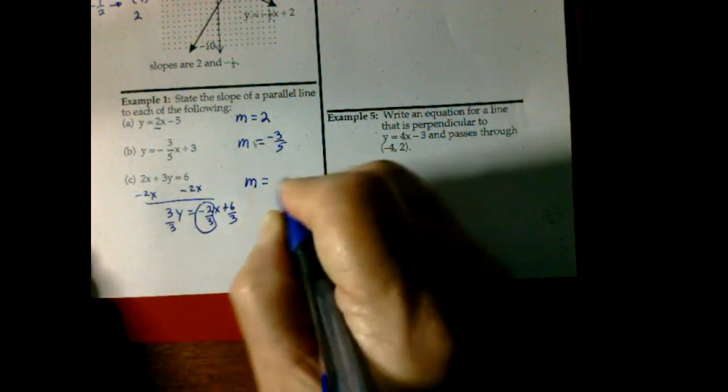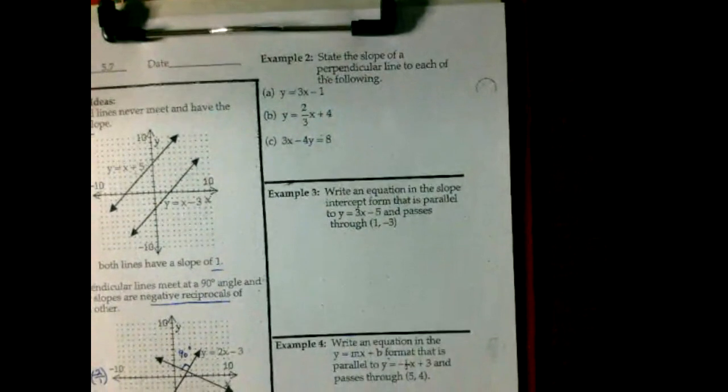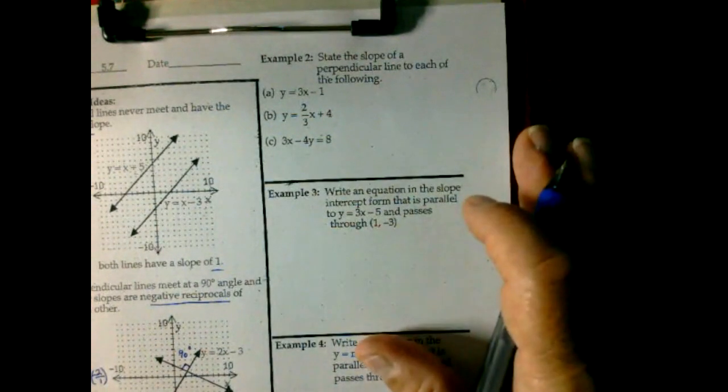We can subtract the 2x from both sides like this, and we get 3y equals negative 2x plus 6. We come back and divide by 3, and what's important is this right here. So we can say that the slope of this line is negative 2/3, and the parallel line will have the same slope.